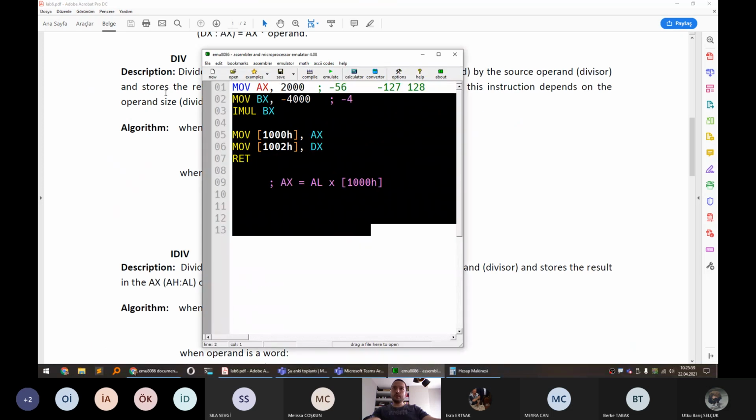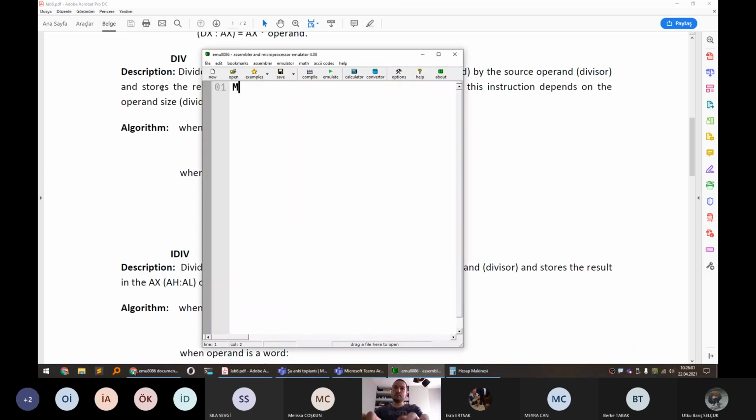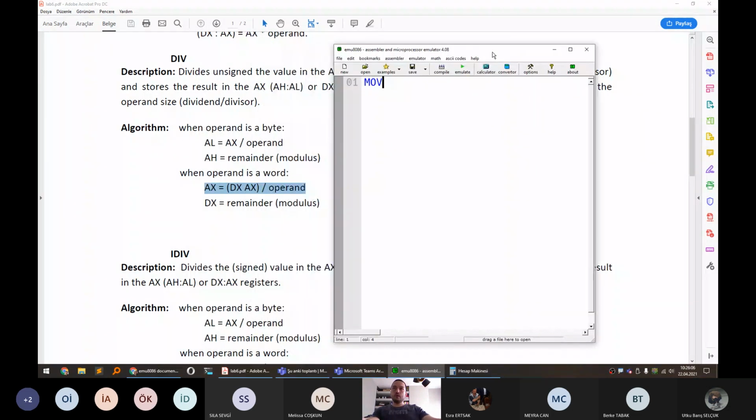Now let's make this division operation in our emulator. We are going to divide the decimal value 17 by 10. I'm going to use BL.